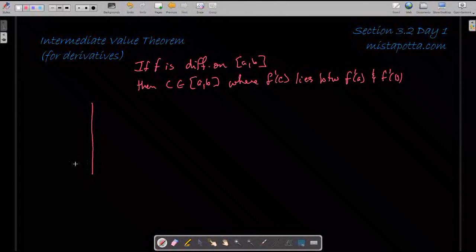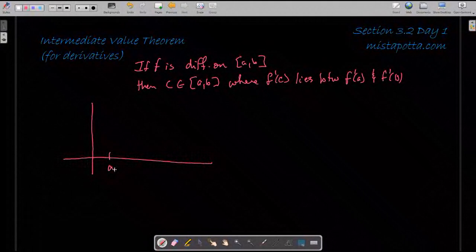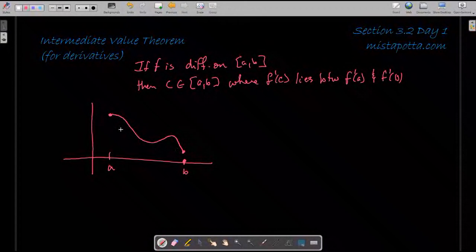In other words, if I have a function that is smooth, a function that doesn't have any vertical tangents, doesn't have any corners or cusps, and I've got a situation where the tangent line here has a slope of 0 and the tangent line here has a slope of 2.